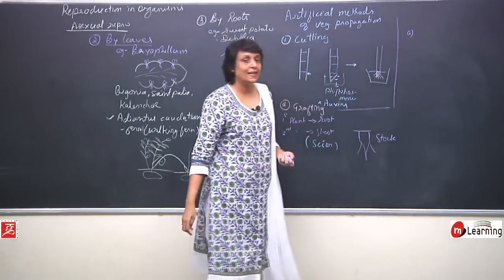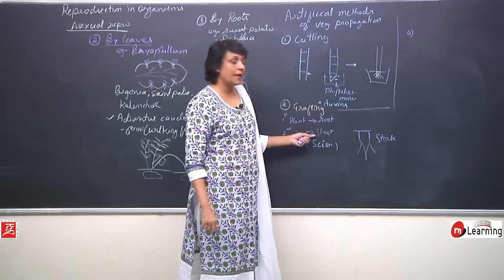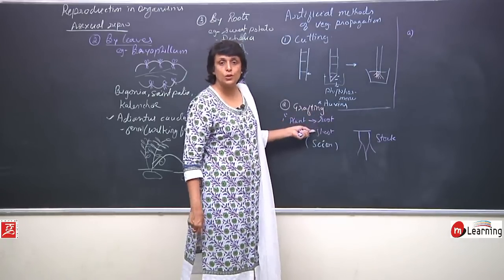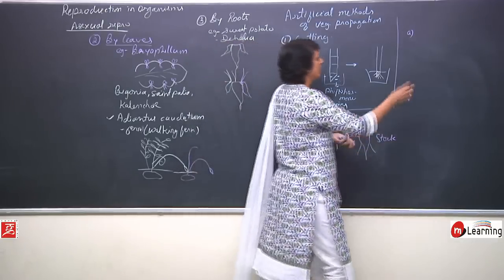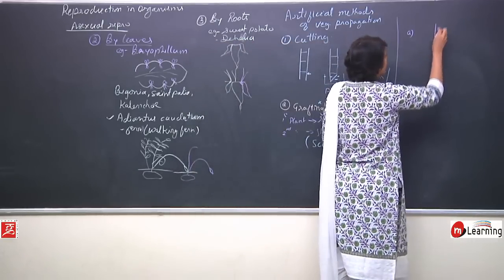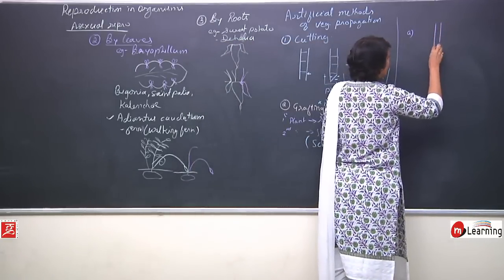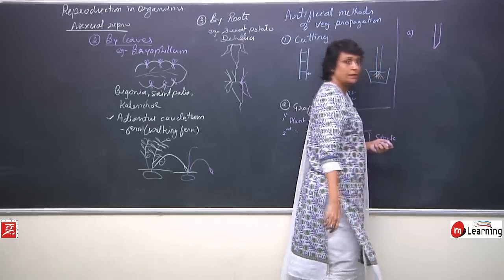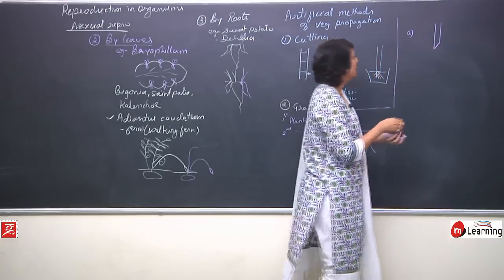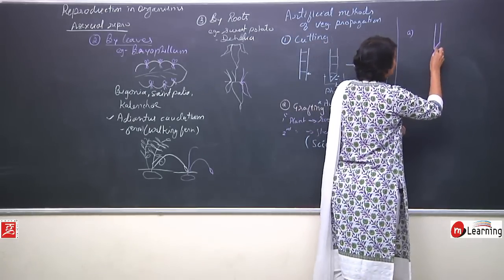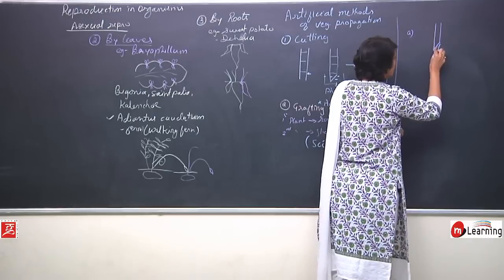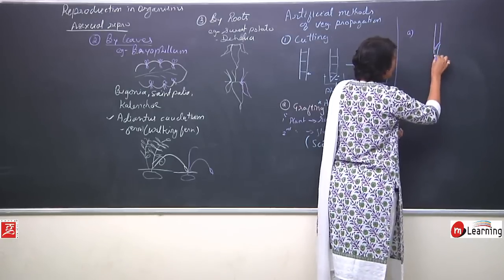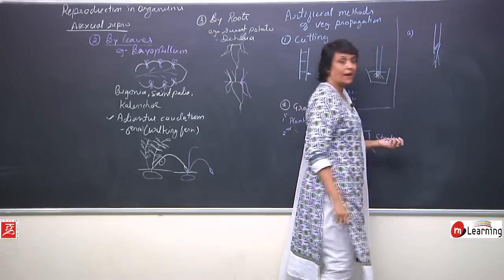We can take the stem and the root, or the shoot and the root system, of the same diameter. Suppose this is the scion, the upper part, the stem part, and then connect it to the root part.